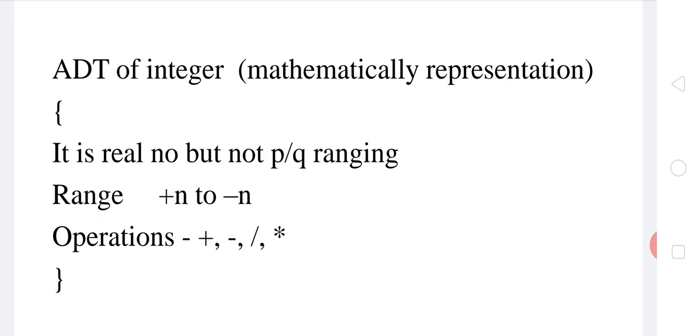The ADT of integer is a mathematical representation which contains instances. It is a real number, but not in p by q form, which means this number is not a fraction. Then we can see the range is between plus n and minus n, and the operations to perform are addition, subtraction, division, multiplication, etc.